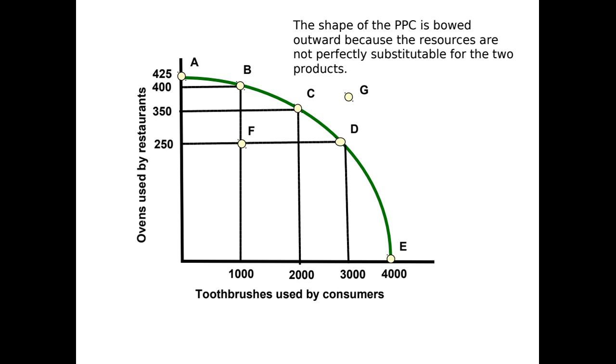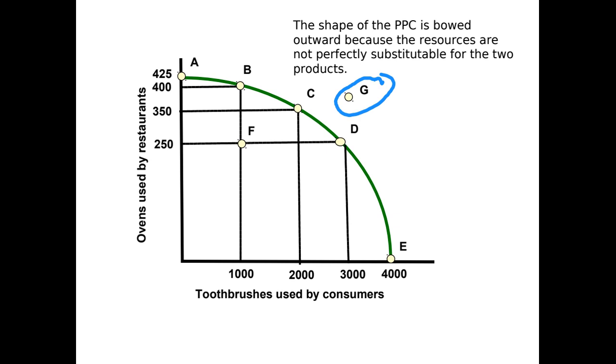This is a typical diagram of a production possibilities frontier or curve, PPC or PPF. Notice that because of scarcity, a country cannot produce whatever it wants. It's not possible, and that is why you can see that point G is not attainable, simply because of scarce resources.